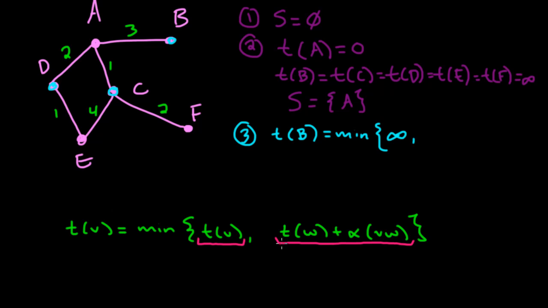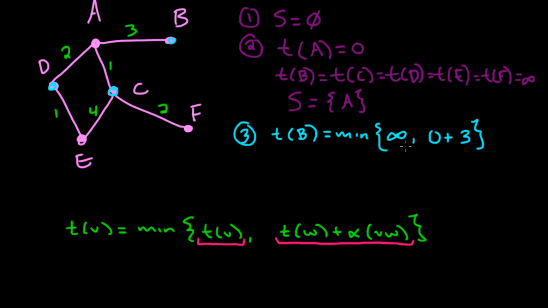The next piece says take the label of the newest member. The newest member was the source, A, so this is T of A right now. T of A was 0, and we add the weight of that edge. This vertex V is vertex B, and vertex W was vertex A, so that edge weight is 3.